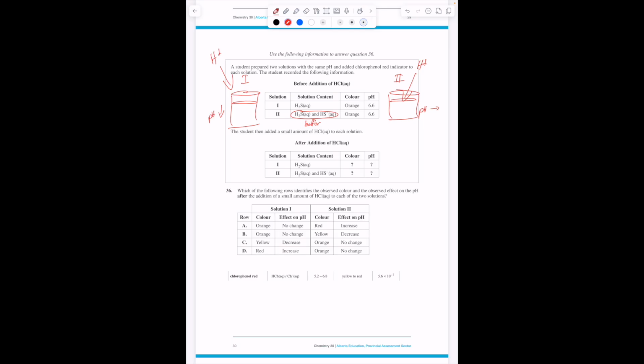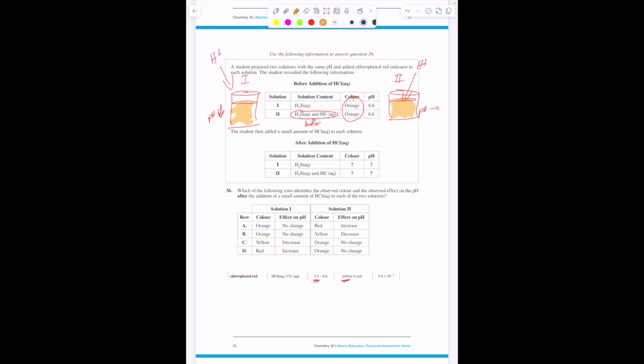So if both solutions are orange right now, how do I change colors on this thing? Orange, yeah. Okay, both solutions are orange right now. If I add acid, solution 1 is going to go into the yellow range because the pH is going to start dropping.